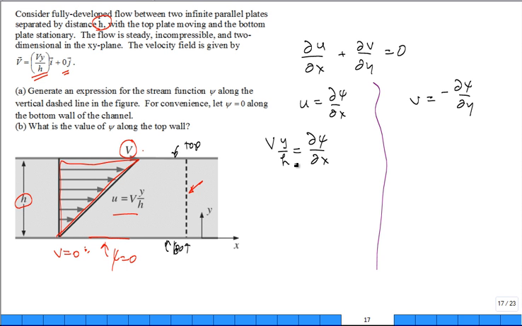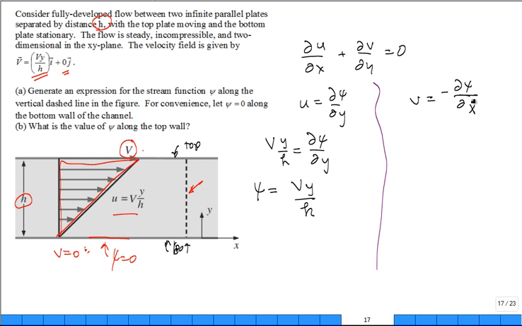So we separate, integrate, and we find that psi is equal to V y divided by H. I messed up. This is the derivative with respect to y. I'm sorry. This was the derivative with respect to y. True?